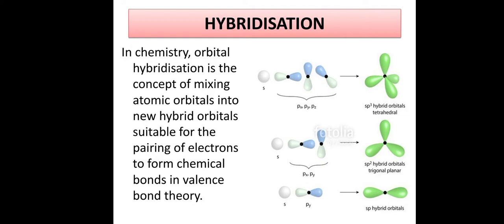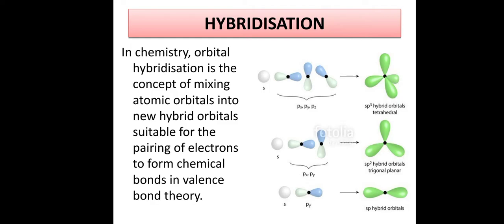If the hybrid orbitals are to lie along the z-axis, each sp hybrid orbital has 50% s character and 50% p character. Such a molecule in which the central atom is sp hybridized and linked directly to two other central atoms possesses linear geometry.